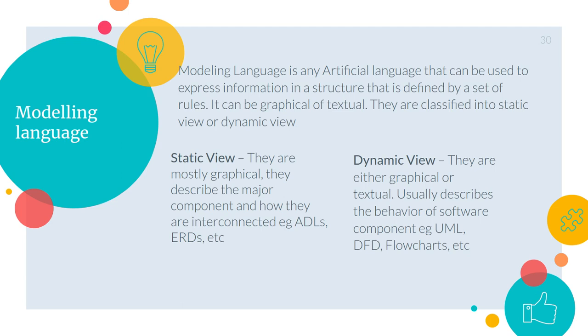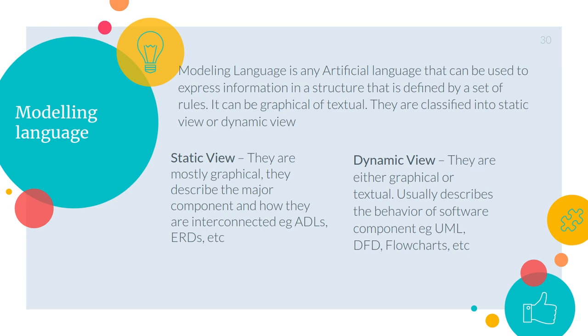So like using UML diagrams to explain the flows, and using flow charts. We have this application called Flowgorithm for designing flow charts for your application. So we have the static view and then the dynamic view. The static view is mostly graphical. It describes the major components and shows how they are interconnected. And then the dynamic view shows the behavioral aspects.